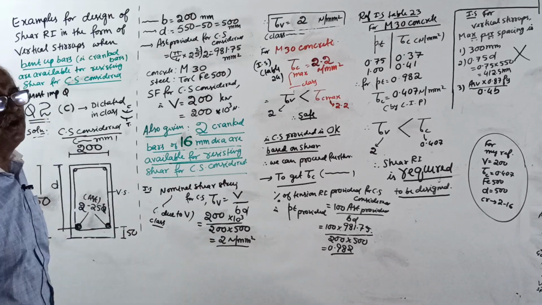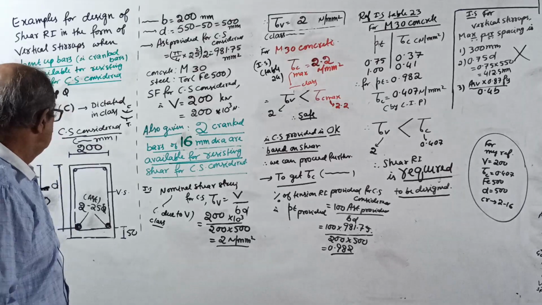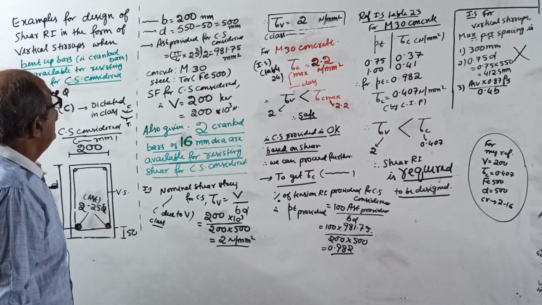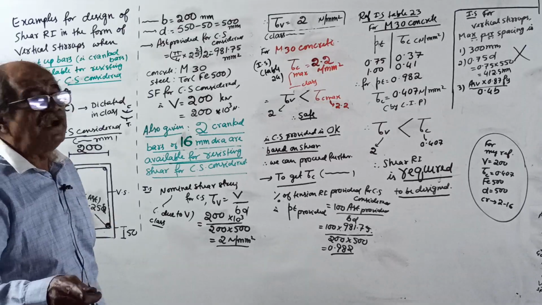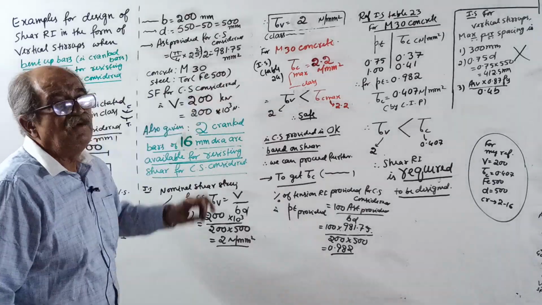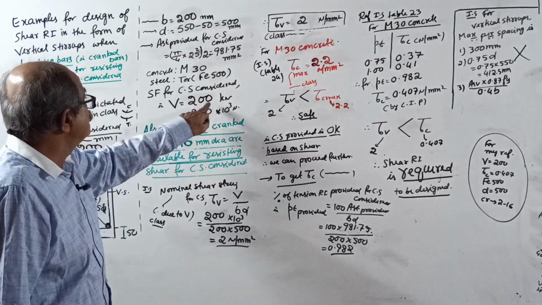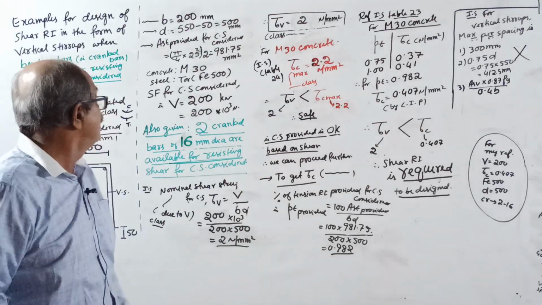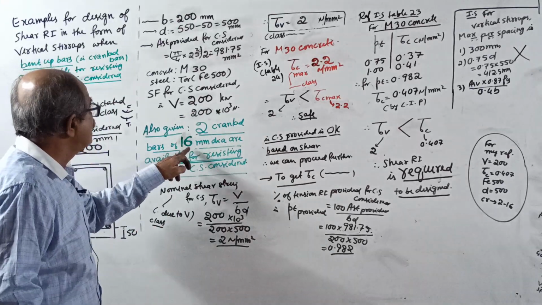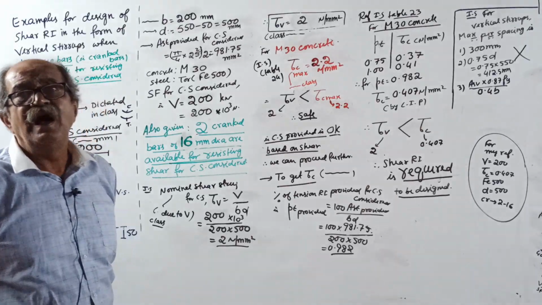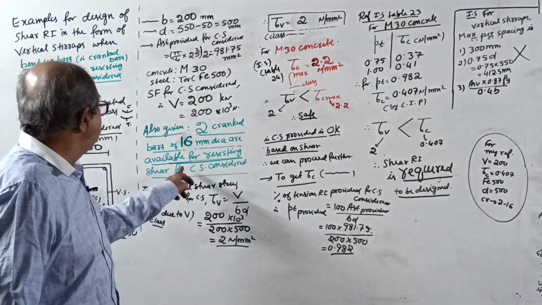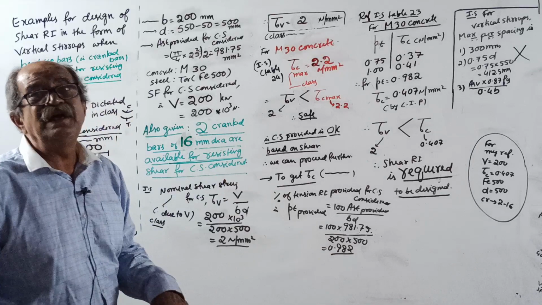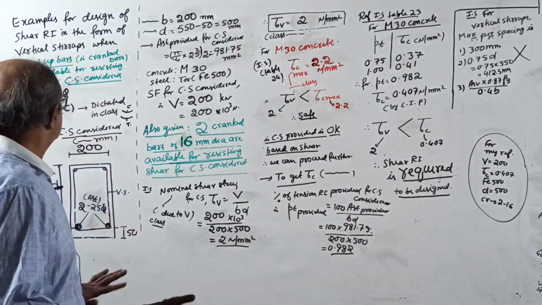I am not changing because this is already known to you. Then take M30 concrete and Fe 500 steel. Shear force I told, 200 kilonewton. Now important, in the question given, 2 cranked bars of 16 mm diameter are available for resisting shear for the cross-section considered. Okay, start.